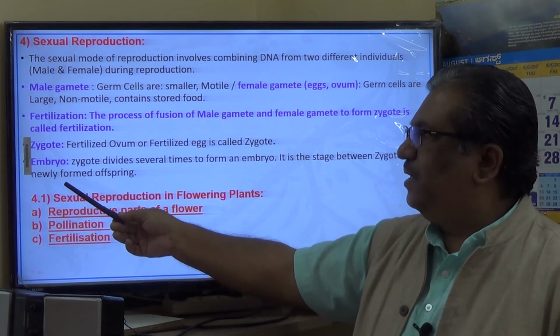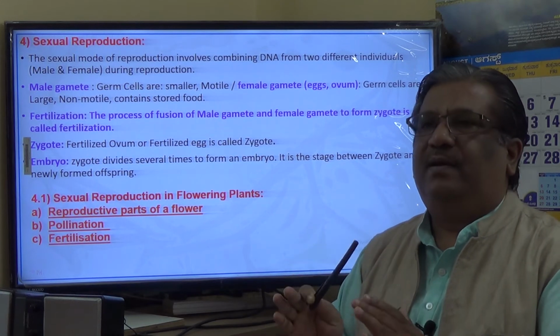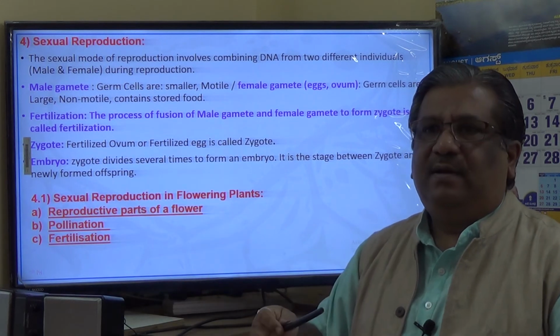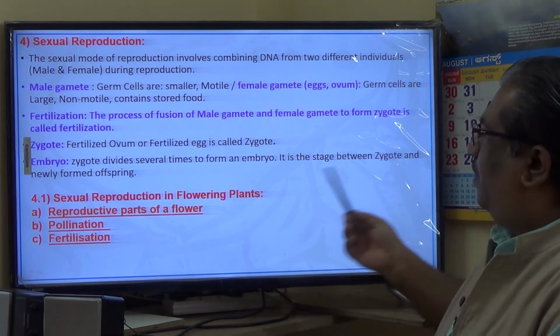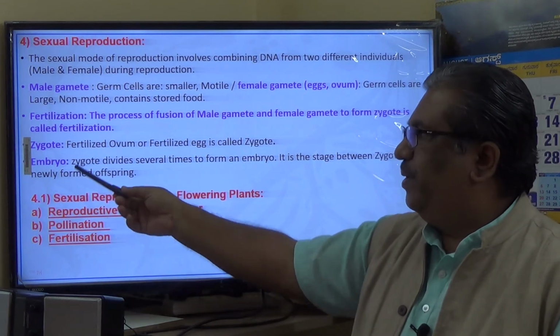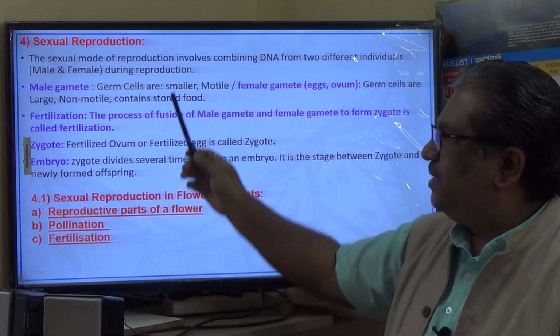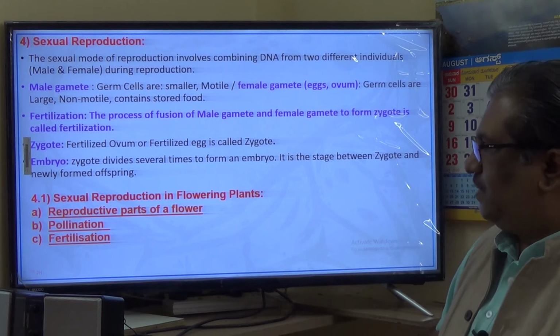Also you can say embryo is the status between the zygote and the newly formed offspring. You understand? So embryo is the in-between stage between the zygote and newly formed offspring. So these are the terminologies which we have to understand.